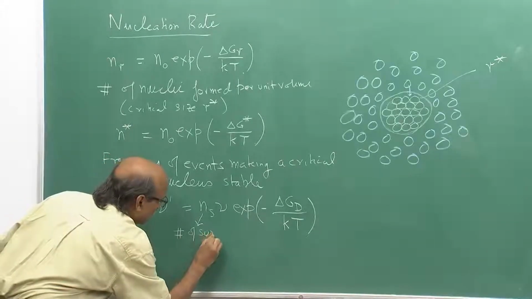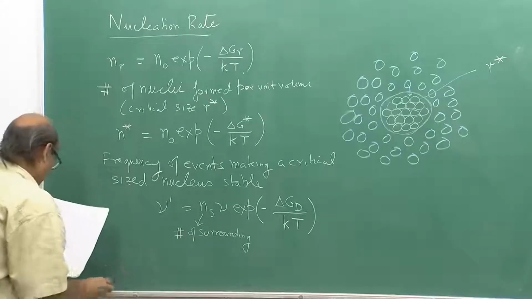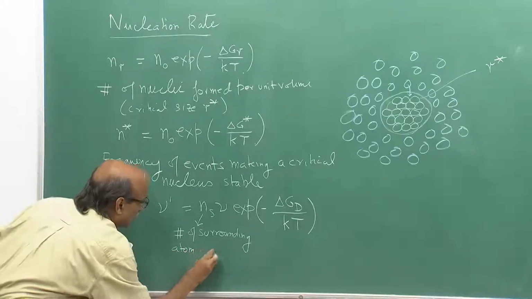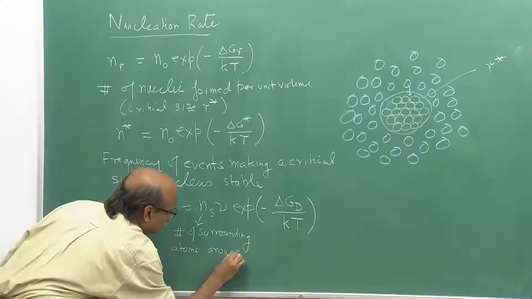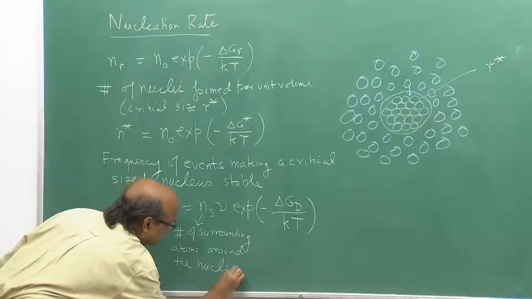Number of surrounding atoms around the critical size nucleus.